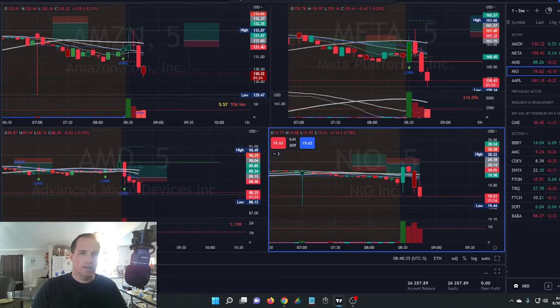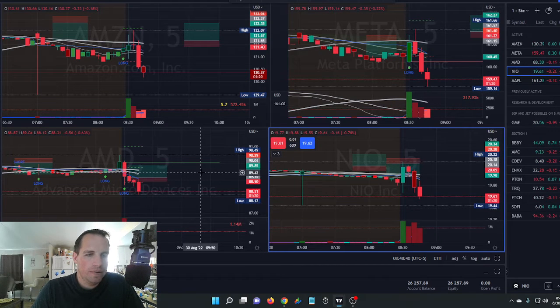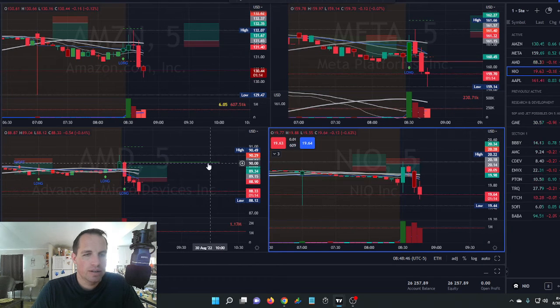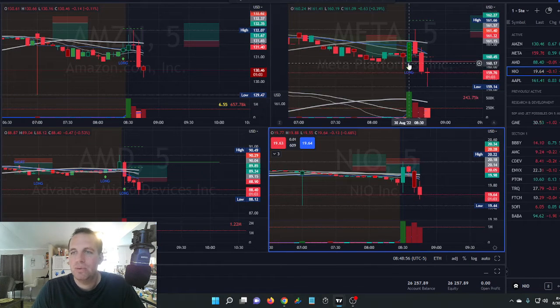These green lines here are the new support and resistance system. You can see here, this is a heavy resistance line right here. It hasn't really found any support. This one tried to find support right here, on this line.